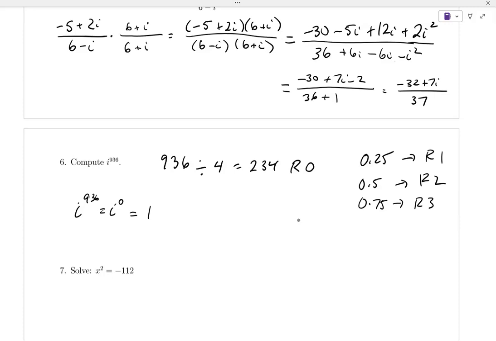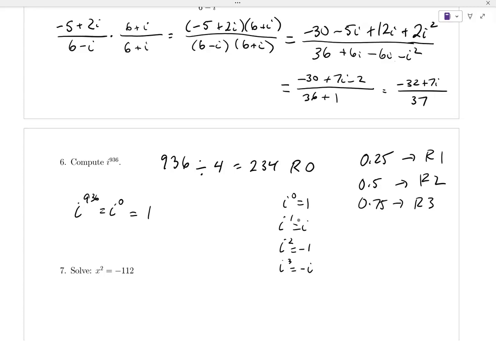Well, if it's just a whole number, then it is a remainder 0. I'm just writing down what the remainders are. And then just remember that your i to the 0 is 1, i to the first is i, i squared is -1, and i cubed is -i.